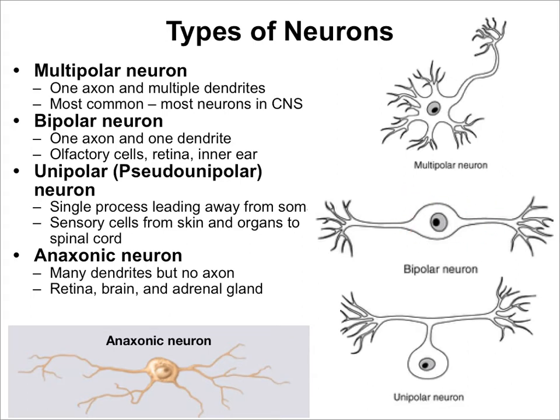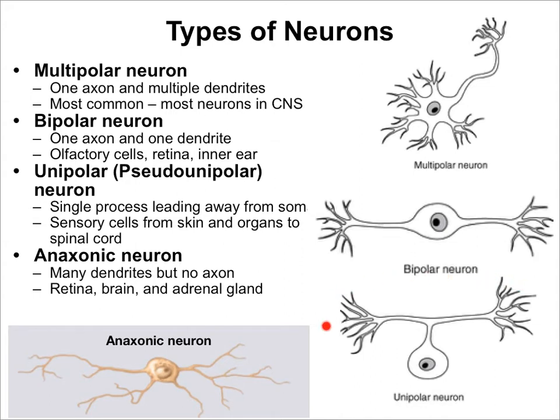You also find them in the retina for visual receptors, in the inner ear for auditory and balance receptors, and those sorts of things. They're usually very highly specialized neurons.